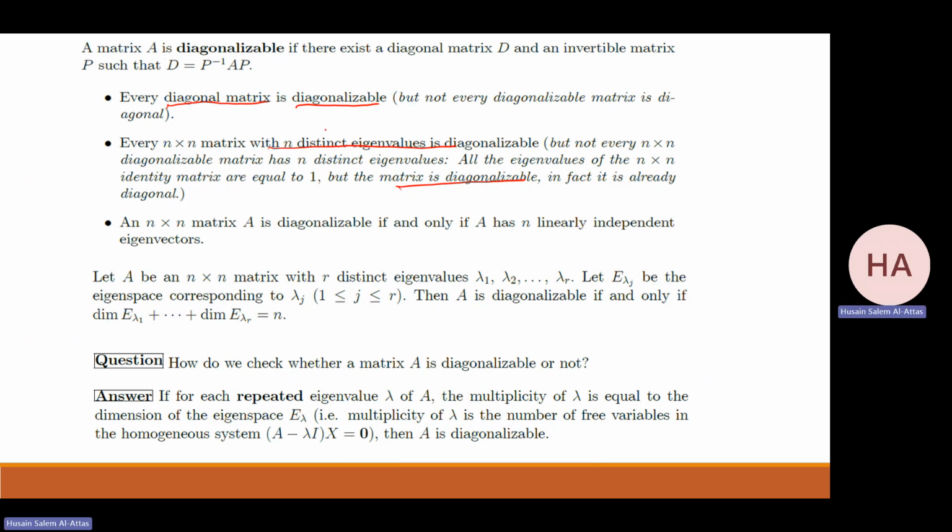Every n by n matrix with n distinct eigenvalues is diagonalizable. A matrix is called diagonalizable if we have n linearly independent eigenvectors. Usually we find the dimension of all of these eigenspaces. If the total number of dimensions, which is the total number of eigenvectors, is equal to n, then the matrix is diagonalizable.